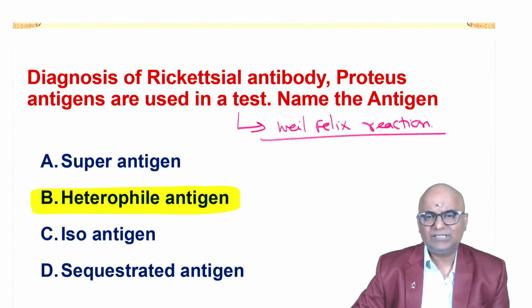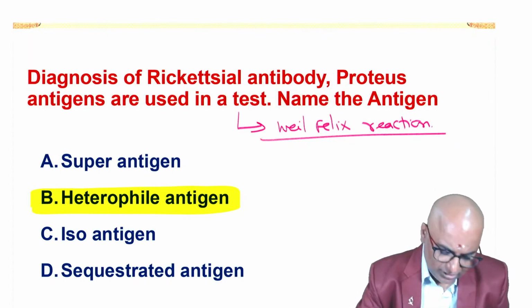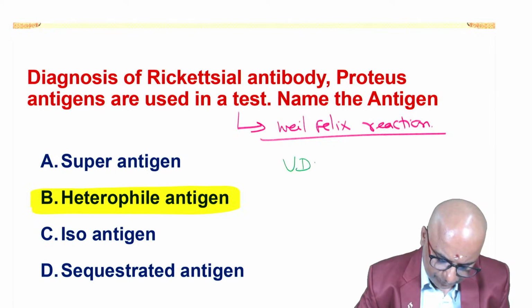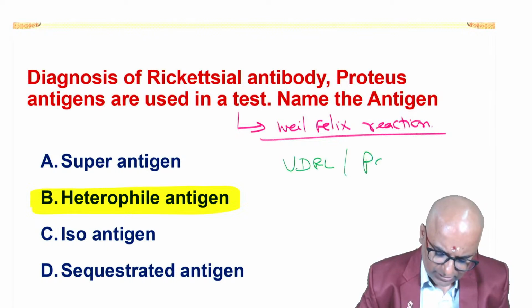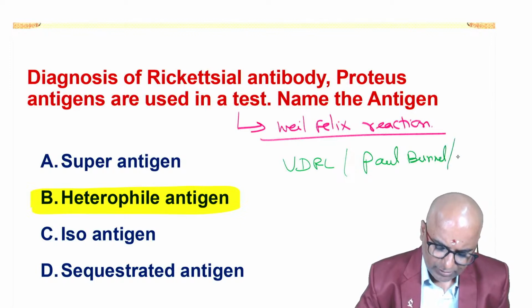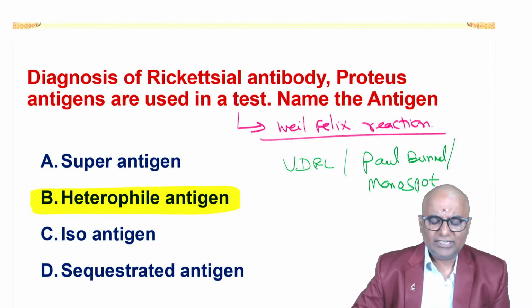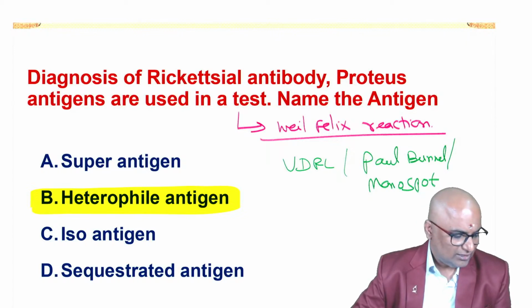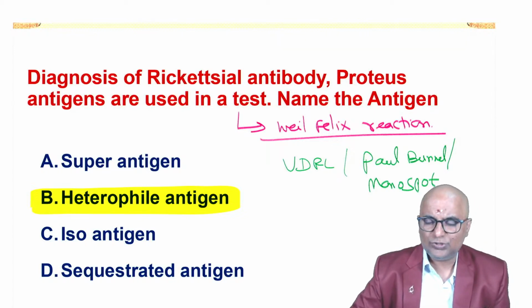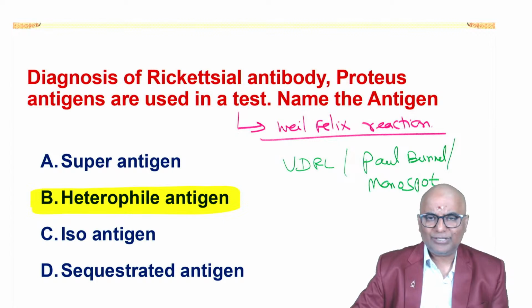Classical examples: Weil-Felix reaction, Paul-Bunnell test, same principle, monospot test. These are all examples for heterophil antigen antibody test. Weil-Felix test. We are using Proteus antigens to find rickettsial antibodies.